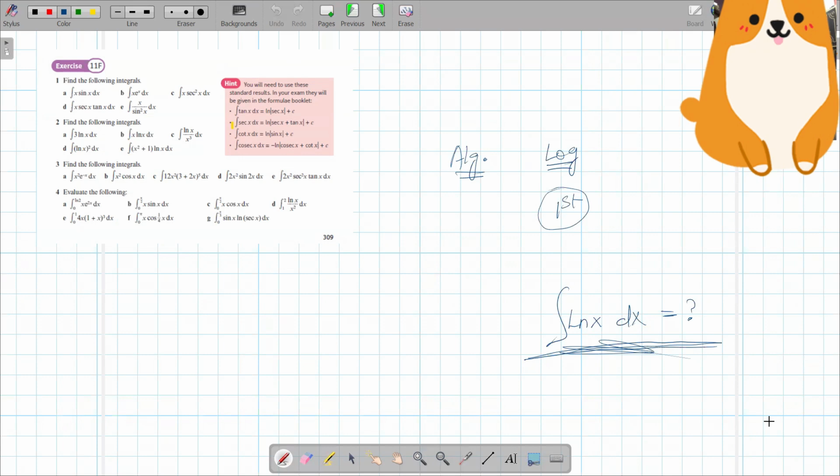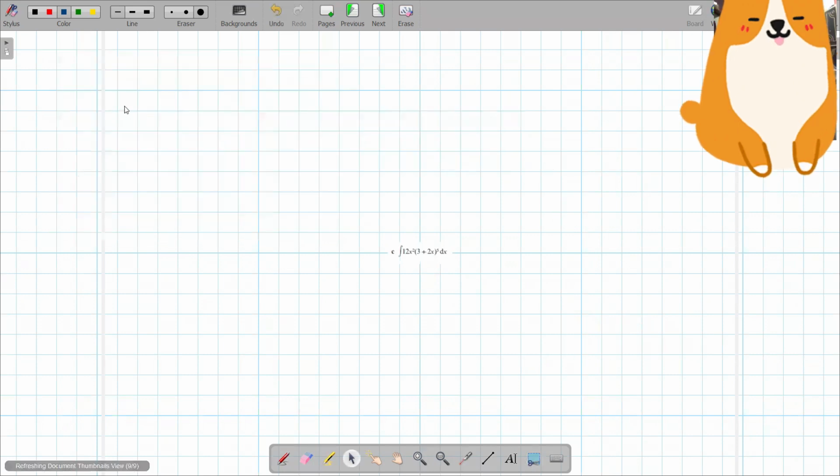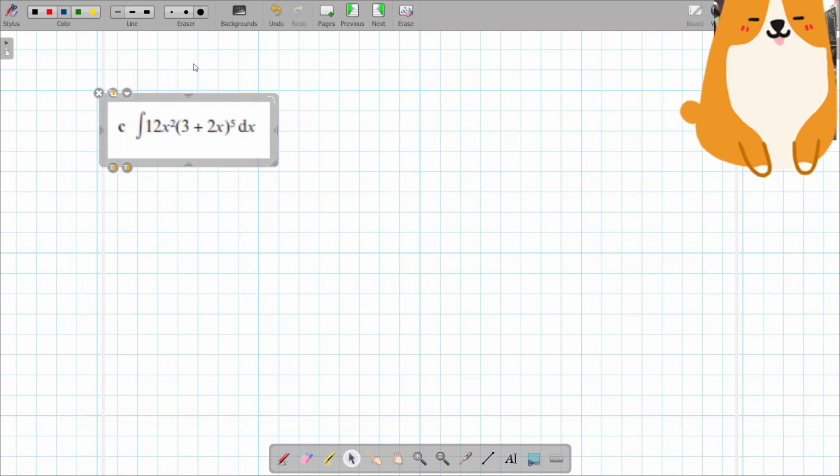Oh, actually, what about 3c? Yeah, 3c. It's really similar to what we've done already. I can't see it from here. Both the functions are algebraic.